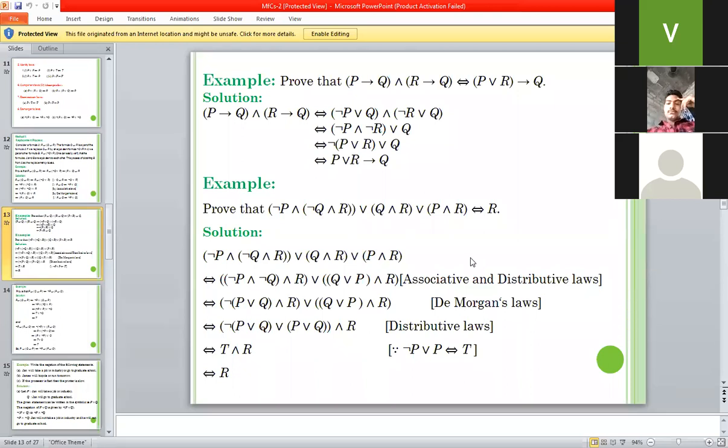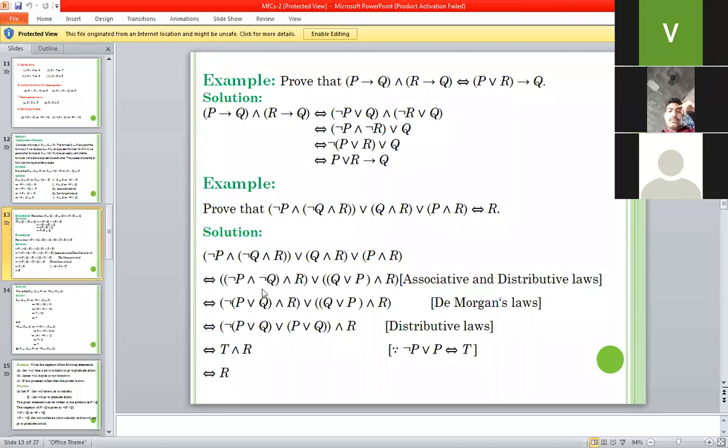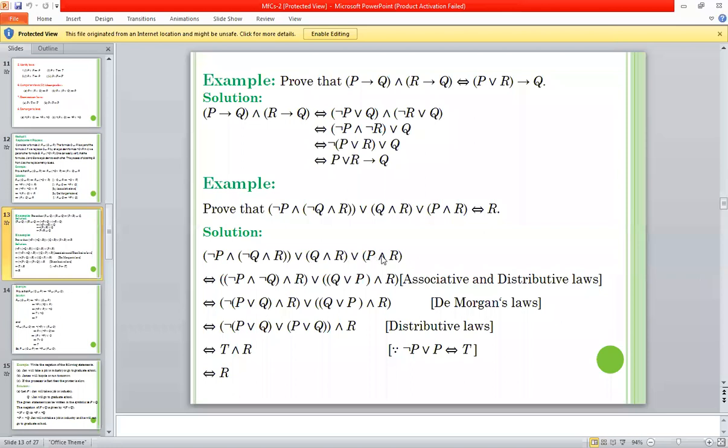So here we are applying the associative law: (negation P and negation Q) and R. For the second part of this statement, we apply the distributive law: (Q and R) or (P and R) is equivalent to (Q or P) and R. Again, here we are applying De Morgan's law.